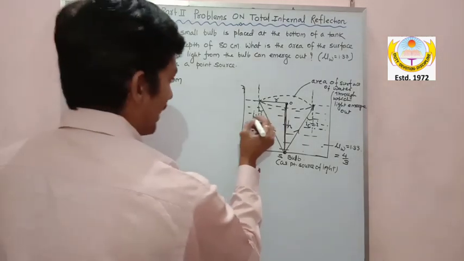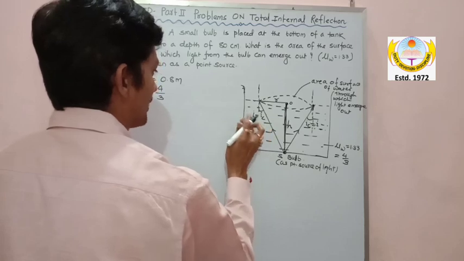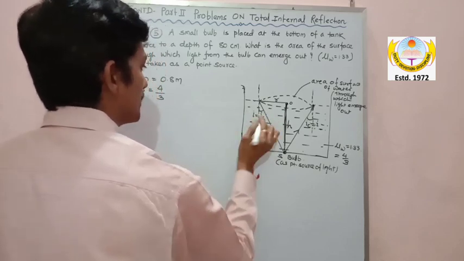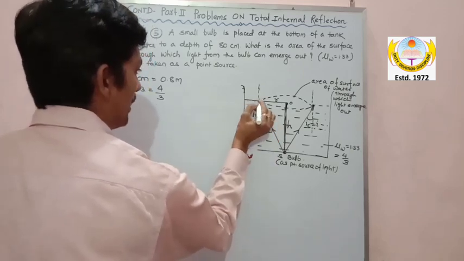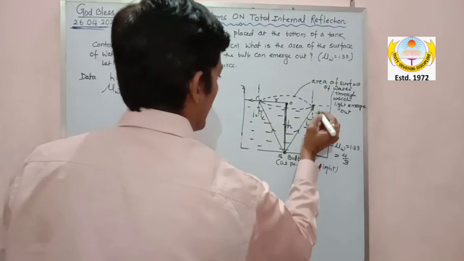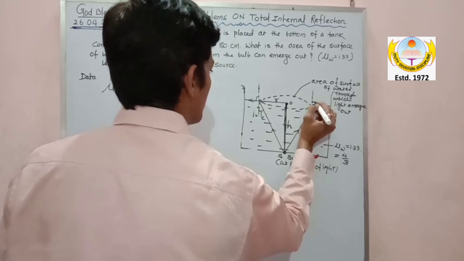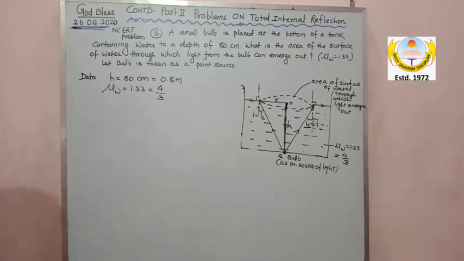Here, my dear, when I is equal to IC, this ray will be refracted at 90 degrees. Similarly, here when I is IC, this ray will be refracted at 90 degrees. That's the question.